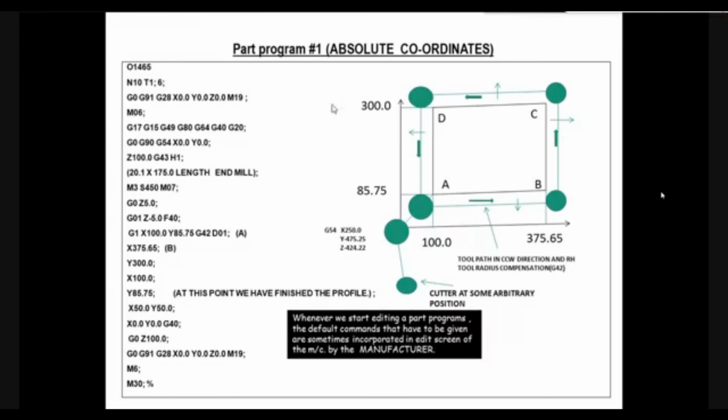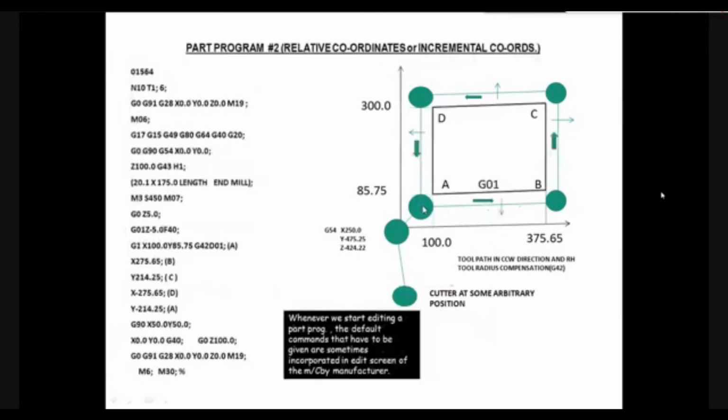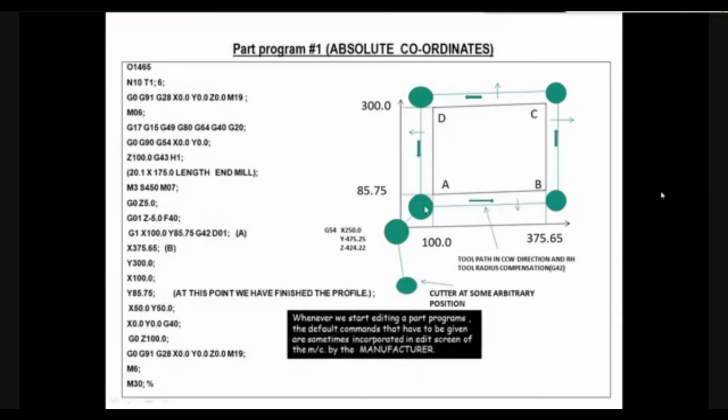Similarly, if you extend line DA towards x-axis, the line will be tangential to this periphery of the cutter. From here, the cutting tool will travel towards B, but it will go ahead of B by a distance equal to the radius of the cutter, because it has to travel towards C parallel to y-axis.